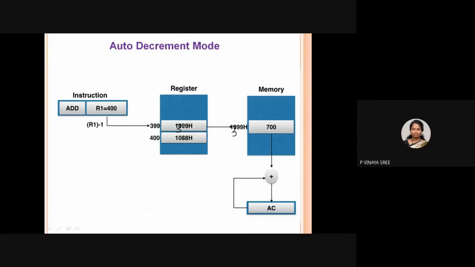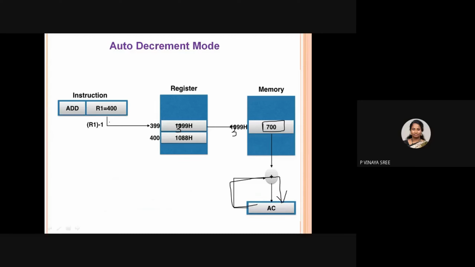Why? Because it is similar to register indirect addressing mode. So if you go to 399, you will be getting an operand. The operand present at this address and the operand present in the accumulator, both will be added and the result will be stored back in the accumulator.